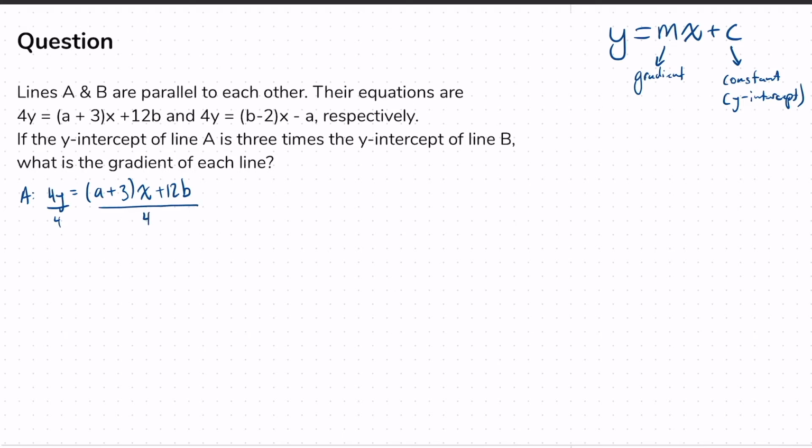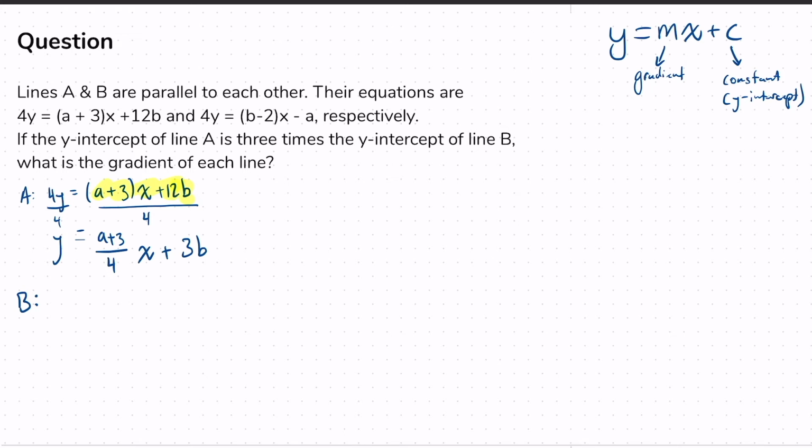Okay, and using what we know about fractions, I can actually see that this becomes y equals a plus 3 over 4, lots of x, plus 12 over 4, which is 3b. All right, we can do that for our next one. If you're confused as to what's going on there, I would suggest going back and having a look at lessons on fractions and adding fractions with the same denominator.